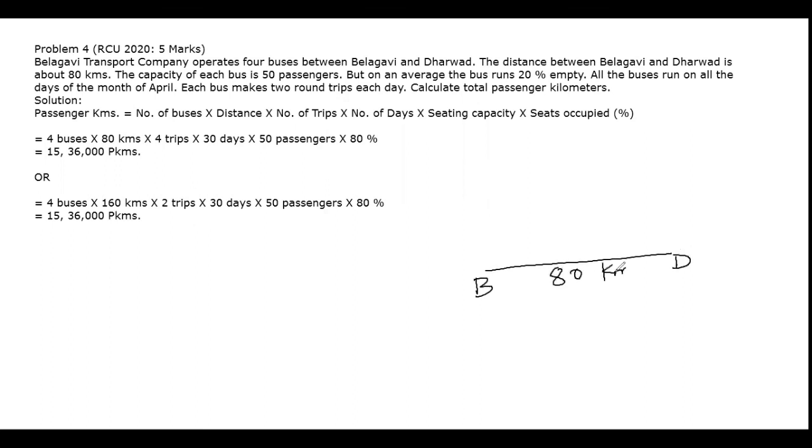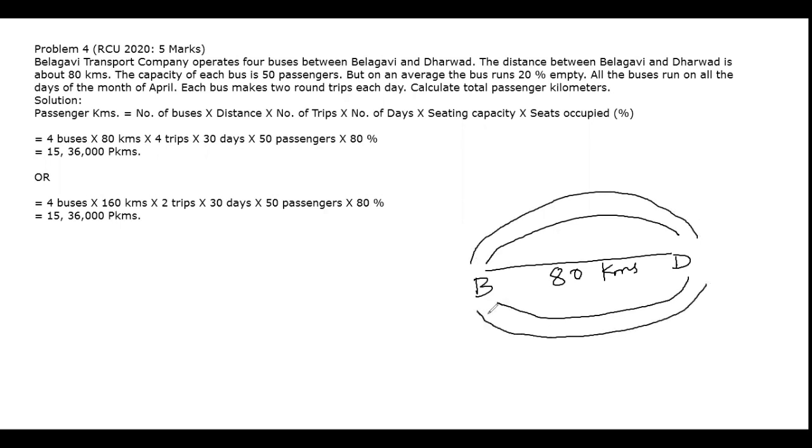The bus makes 2 round trips each day. 2 round trips means it goes to Dharwad and comes back. That is 1 round trip, and again it goes to Dharwad and comes back to Belgaum.